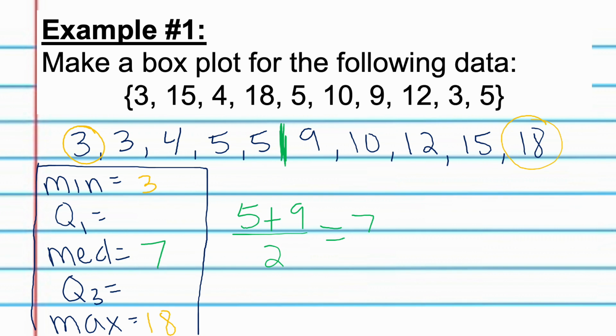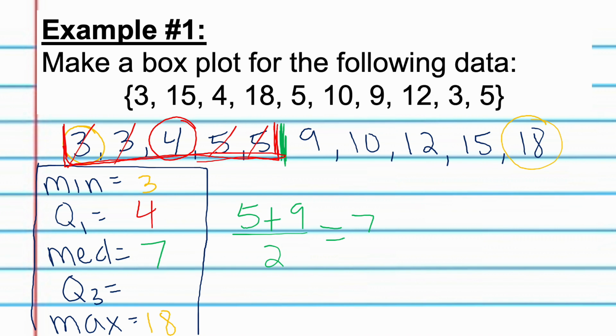And just like we did yesterday when we were finding our interquartile ranges, quartile 1 is simply the median of the first half of our data. So we cross off left, right, and we are left with the number 4 as our first quartile.